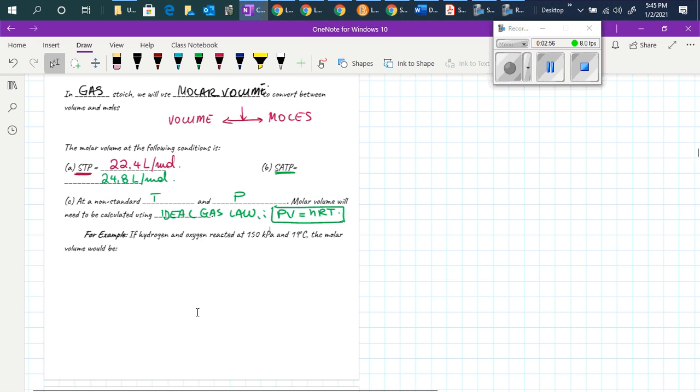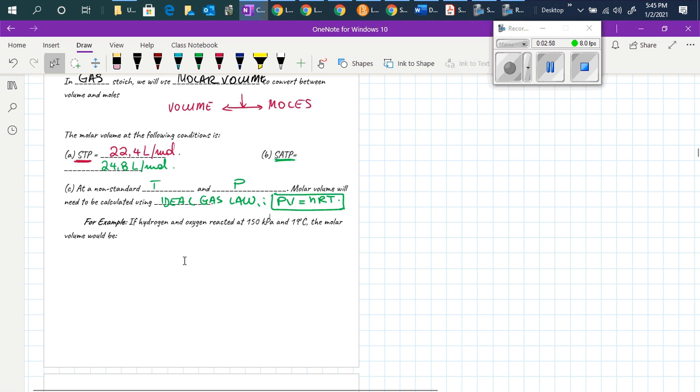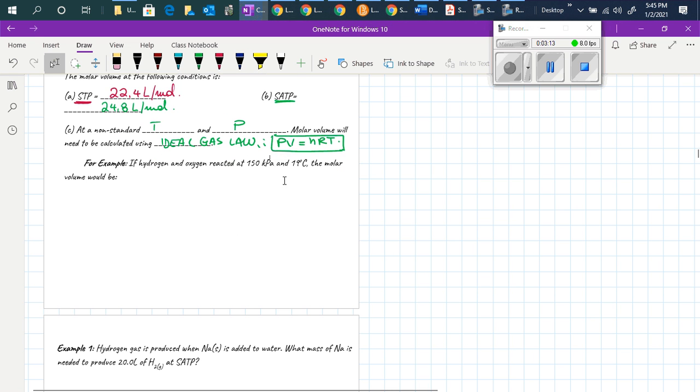let's deal now with some examples here. If we have hydrogen and oxygen reacting at 150 kPa and 19 degrees Celsius, then what we are doing is calculating the molar volume. Okay, so what is it?